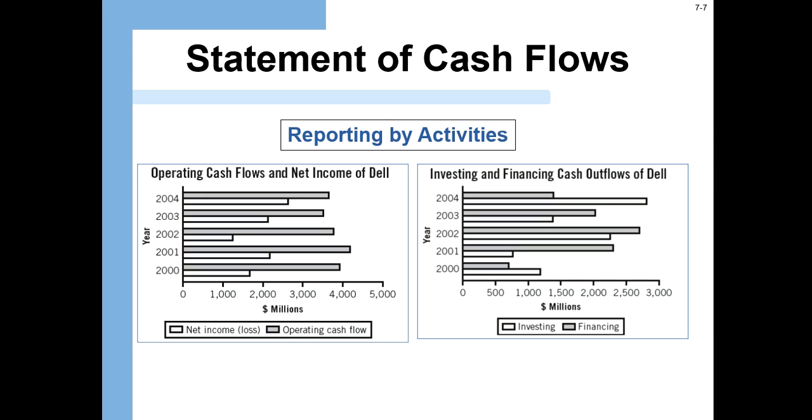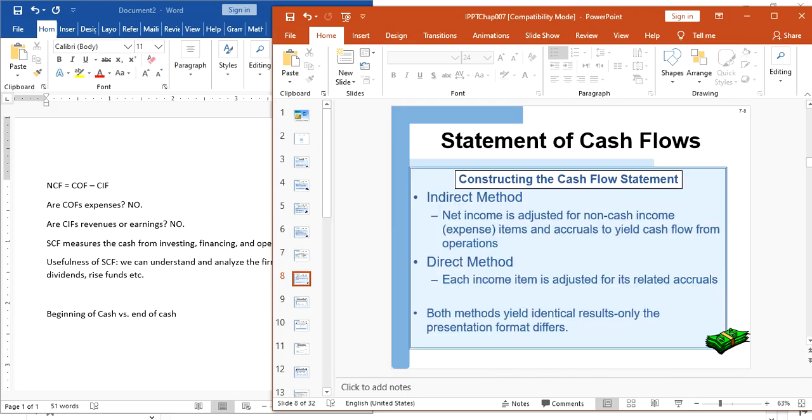So now, how do we actually construct the cash flow statements? We have two methods to construct cash flow statements.